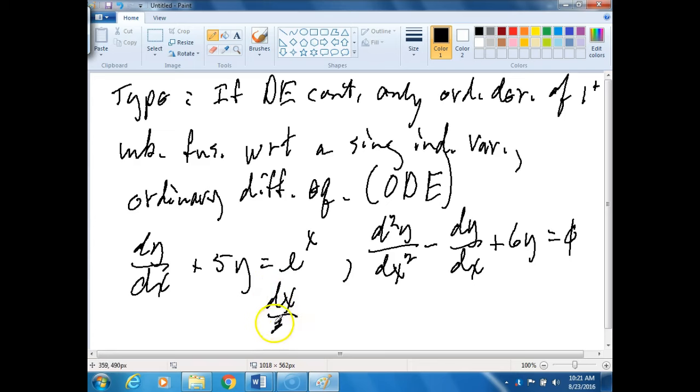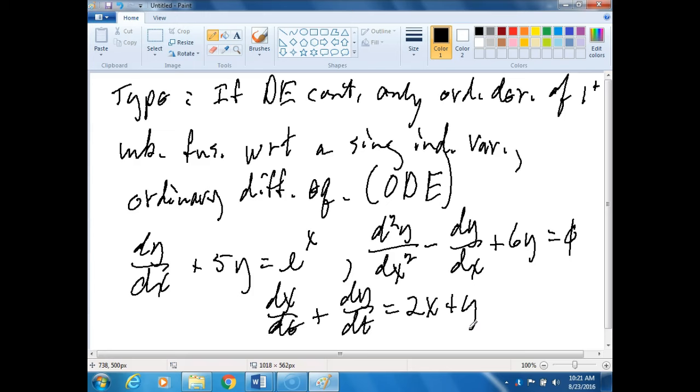dx/dt plus dy/dt is equal to 2x plus y. Now you tell me, how many dependent variables do we have here? 2. They're the x and y.